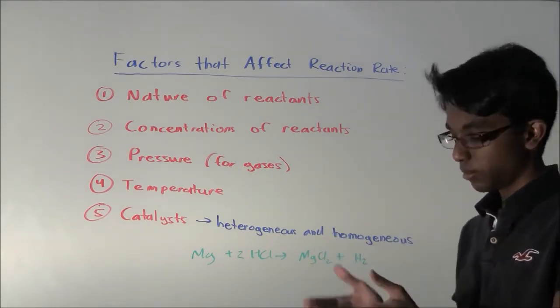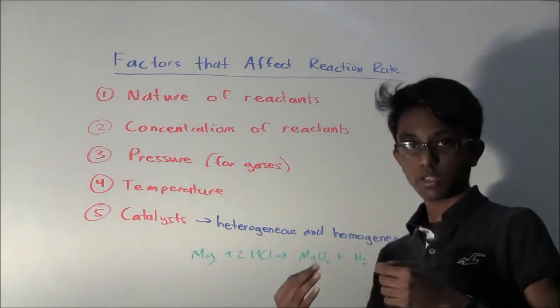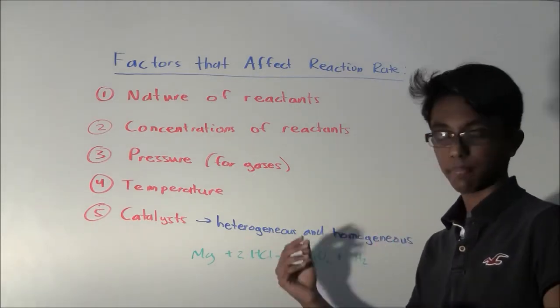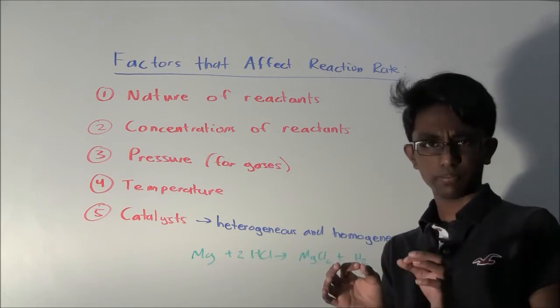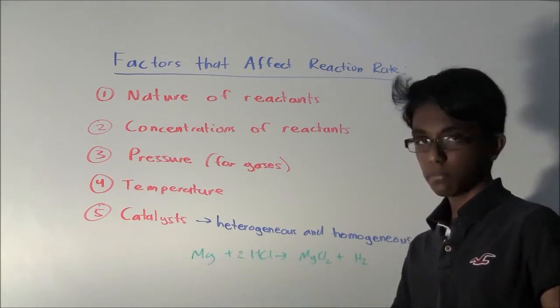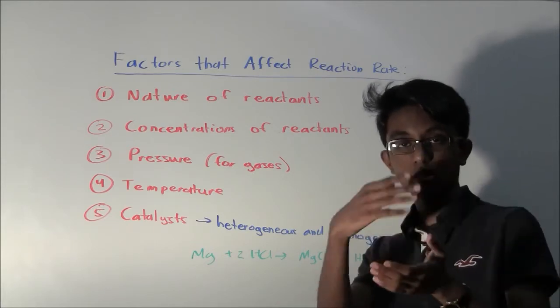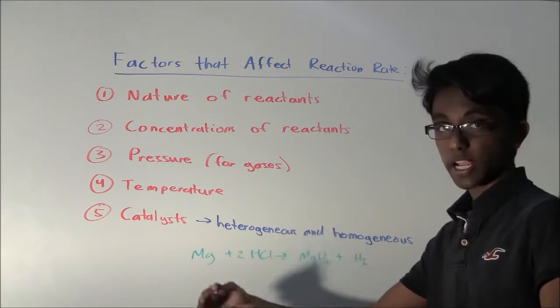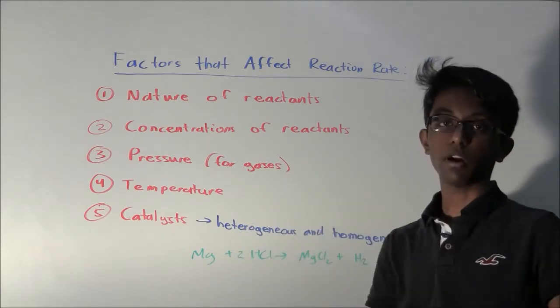Well, obviously when we use smaller pieces, it's going to react faster, because since they're smaller pieces, more of the hydrochloric acid, the hydrogen, the chloride, can react with this magnesium. Because it's a smaller piece, there's more surface area, and that's why that reaction will proceed faster than just dumping a big block.